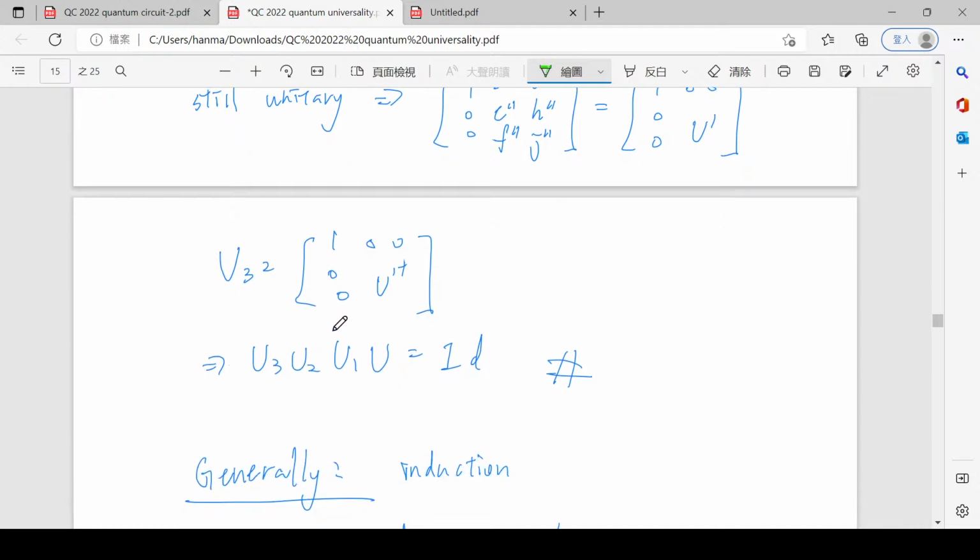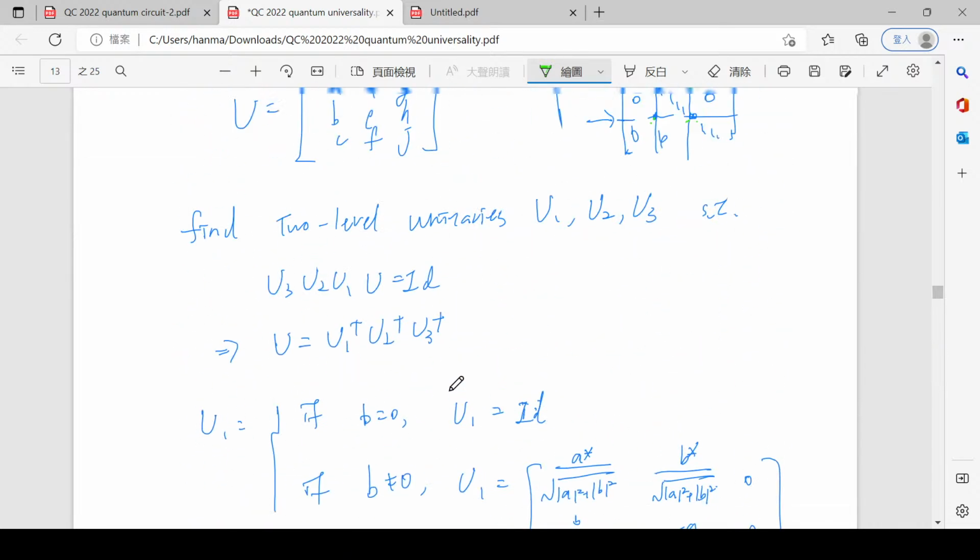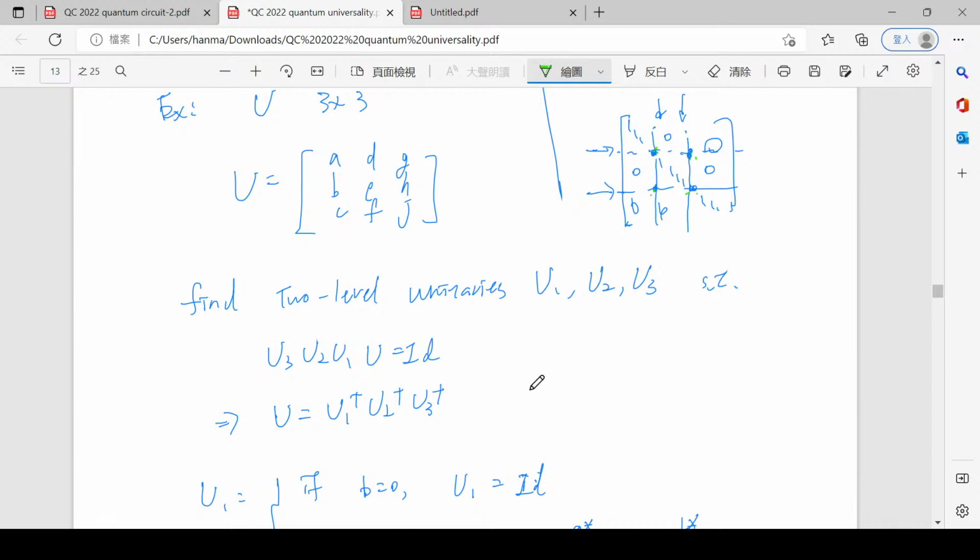So you can decompose your U as U1 times U2 times U3, although you want to write it in a different way. You see those multiplying into identity. So your U actually equals U3 dagger times U2 dagger times U1 dagger. Okay, this is a quite basic explanation, but any question?